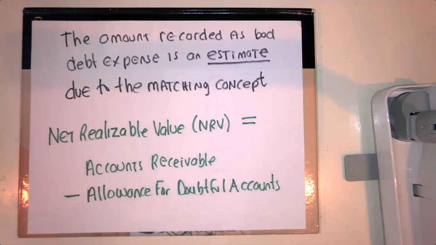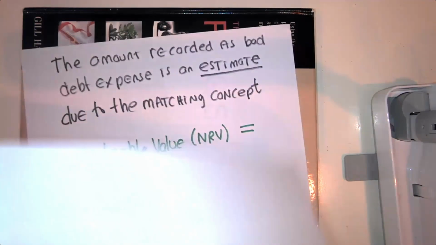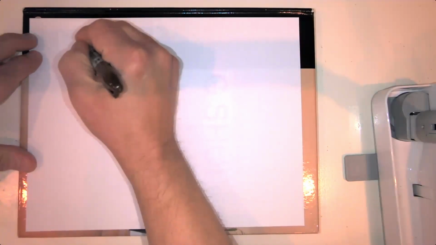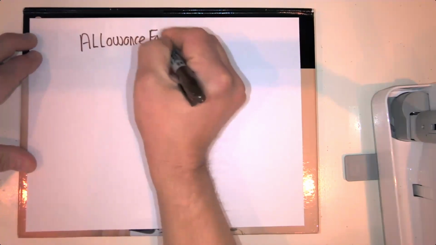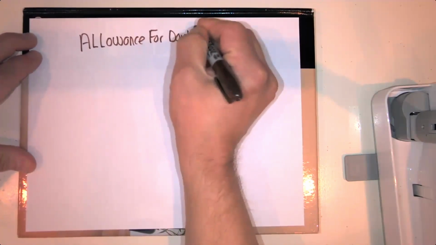The other thing that I would like for you to put into your notes is, with this week's material and this week's calculations, the vast majority of them will eventually require us to create a T account for the allowance for doubtful accounts. So let's do that. Let's set up a T account for the allowance, our allowance for doubtful accounts.